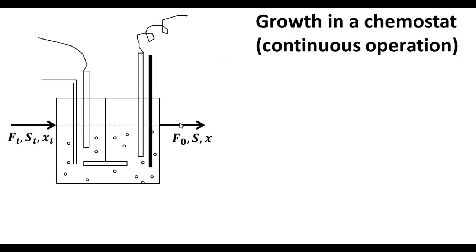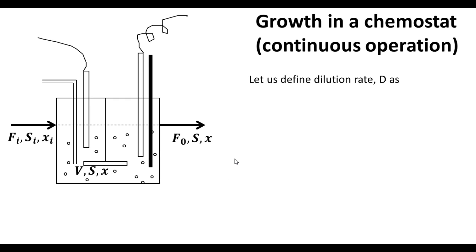S is the substrate concentration here, and X is the cell concentration here. The volume of the broth, which we will take as the system, is V. As you can see, a part of this is being pulled out. So the substrate concentration and the cell concentration here need to be the same as in the outlet stream, because what is inside, well mixed, is being pulled out. Therefore the concentrations of these two would be the same.